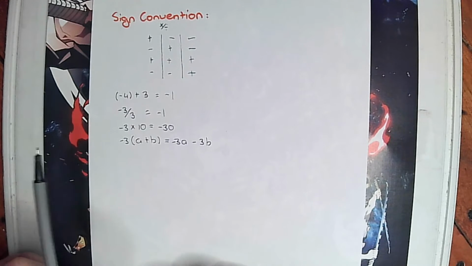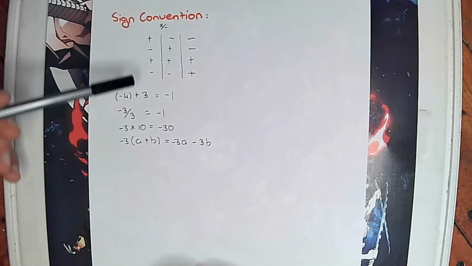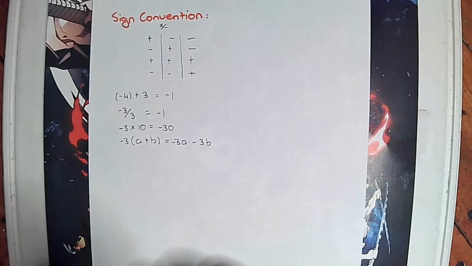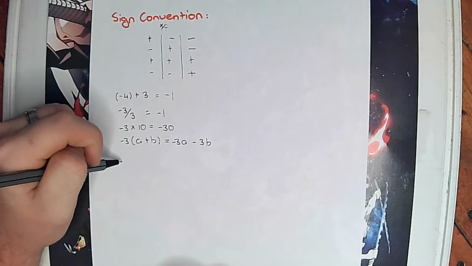And while we're on that topic, let's discuss terms. How do we separate terms? How do we distinguish between terms? Well, terms in general are separated by pluses and minuses. So what does that mean? Well, let's say for example we have an expression looking like this.